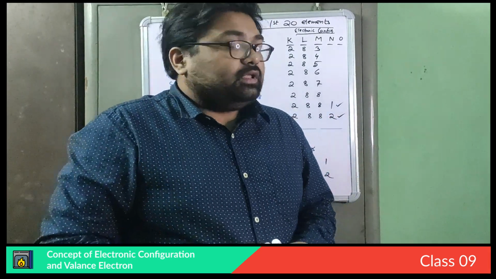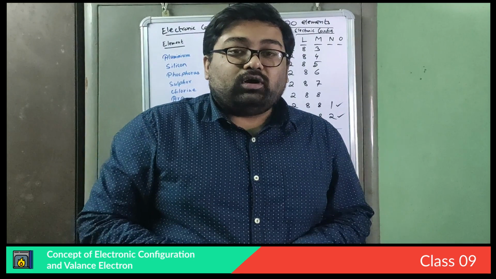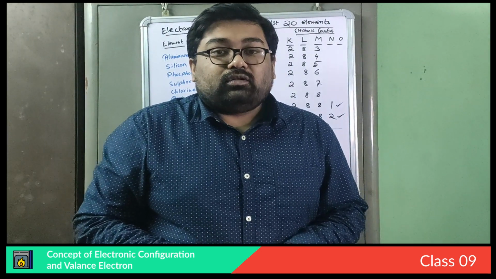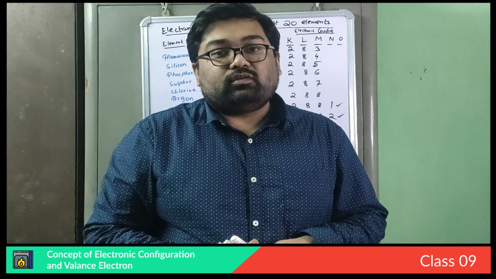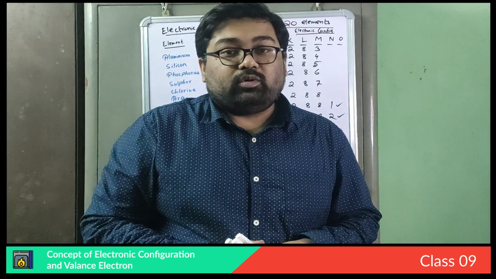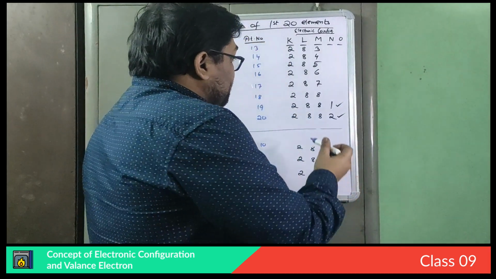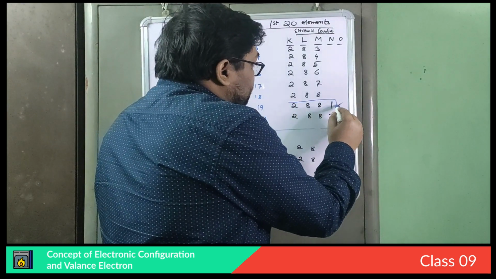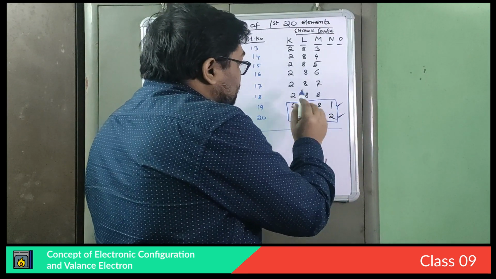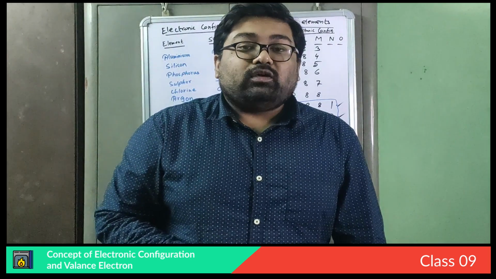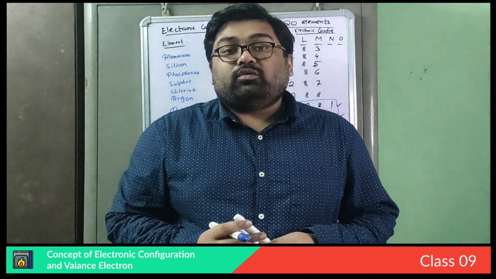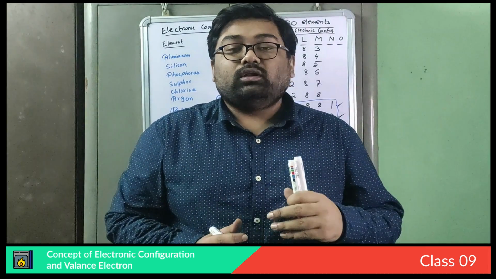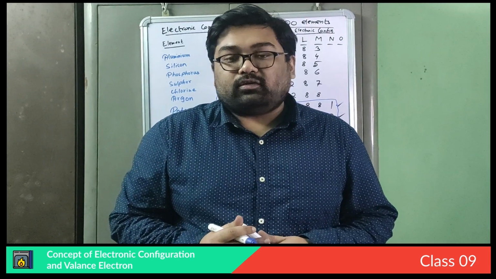Now there is a concept called orbitals. That means orbits are further divided into orbitals. Due to the concept of these orbitals, we are writing the configurations in this manner. It is not possible for me to explain the concept of orbitals in class 9. You will study it in higher classes.